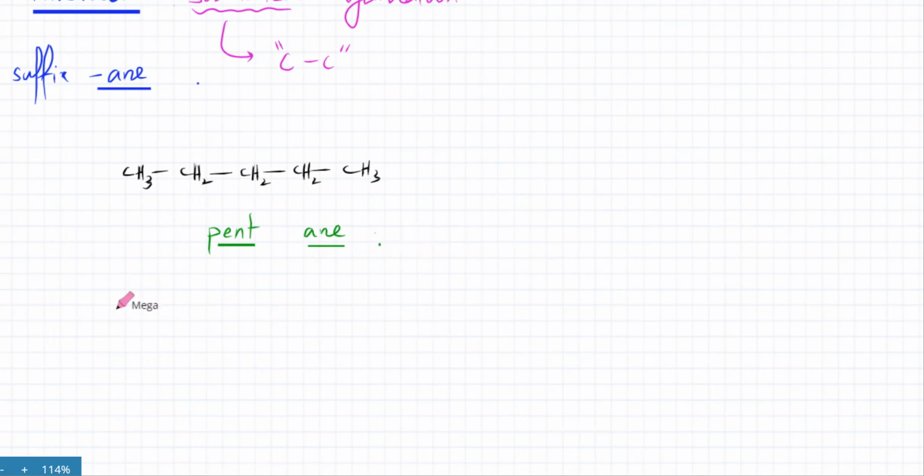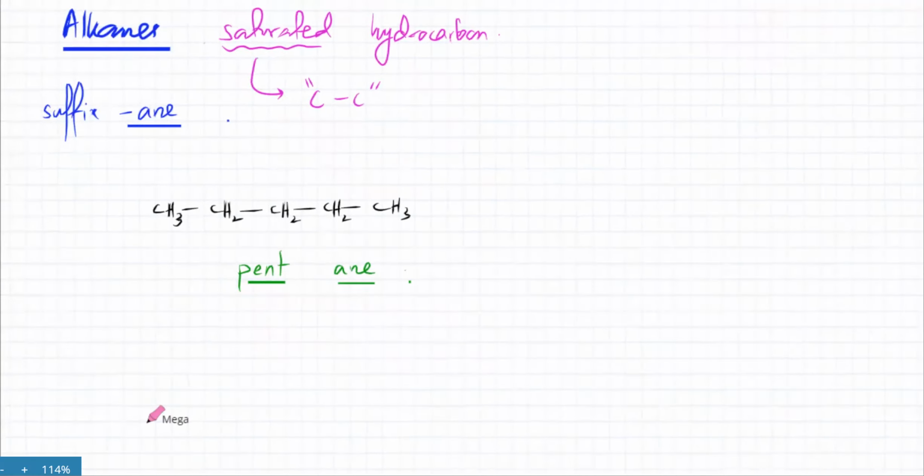The next one, the second one, is going to be alkenes. And they would be kind of the same except with some additional steps. So alkenes are your unsaturated hydrocarbons.